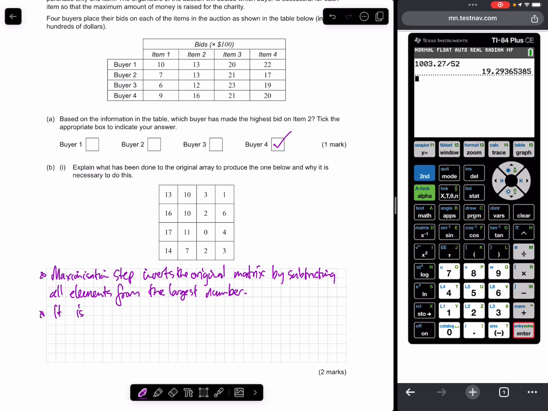It is necessary because the Hungarian algorithm minimizes by default.